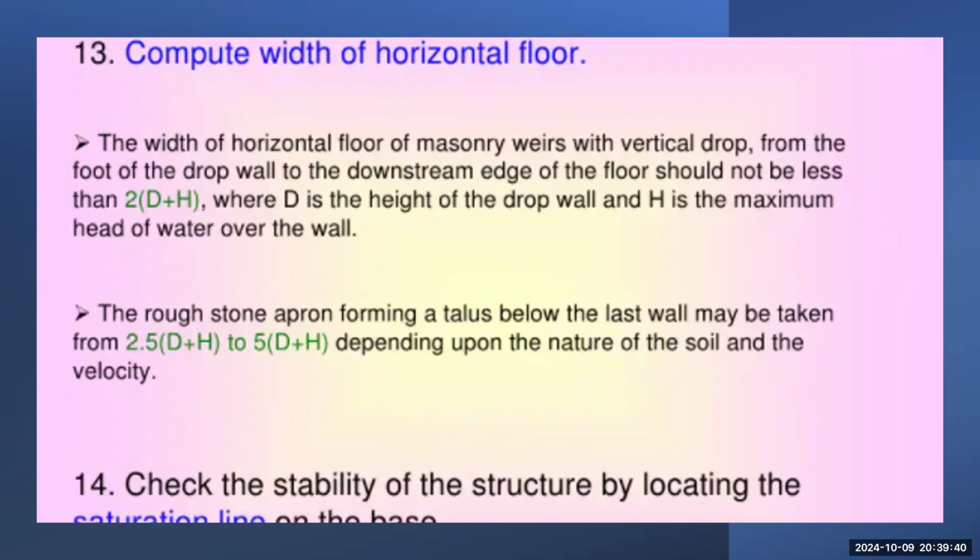The purpose of the horizontal floor as well as this talus is to protect the downstream side area of the waste weir from erosion, because water is dropping from a certain height, so it may damage the downstream side area.